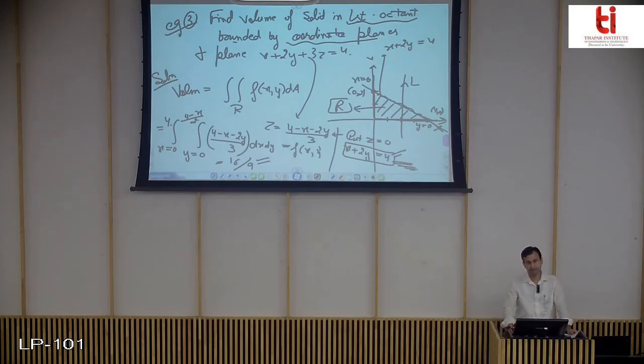But remember one thing: the only discrepancy here is that f(x,y) is positive in each and every question. Only then were you able to find the volume. If f(x,y) is not positive in some values of this capital R region, in some other question, and you are not sure whether it is positive or negative, then that will not give you the volume.